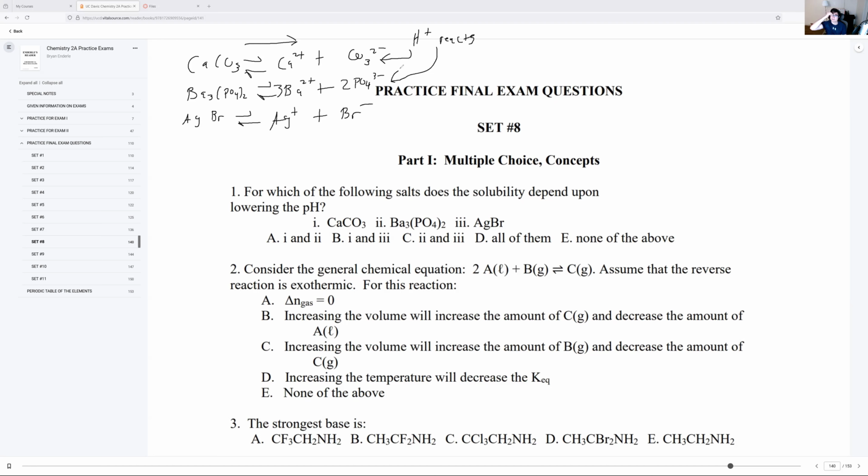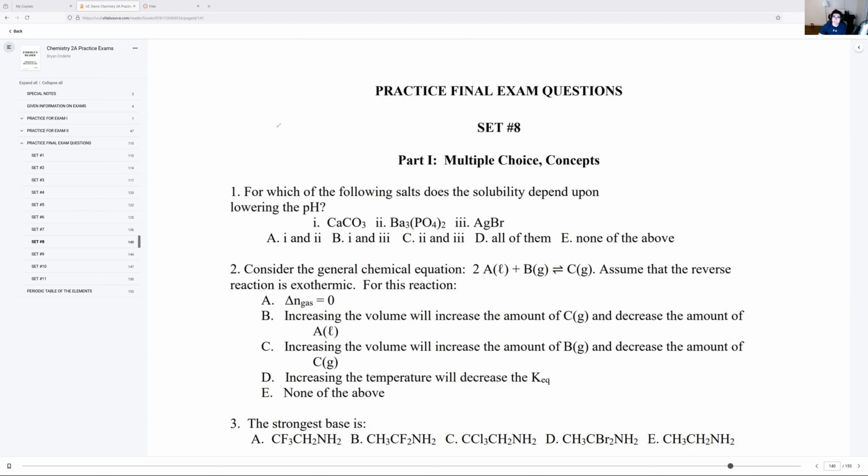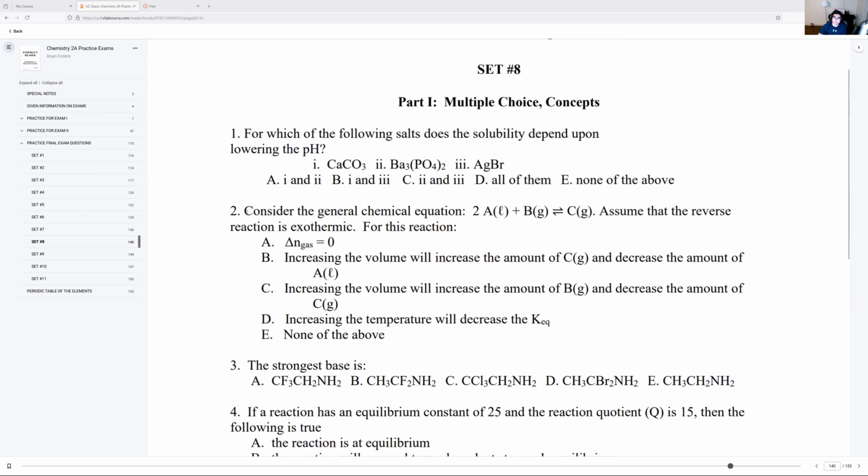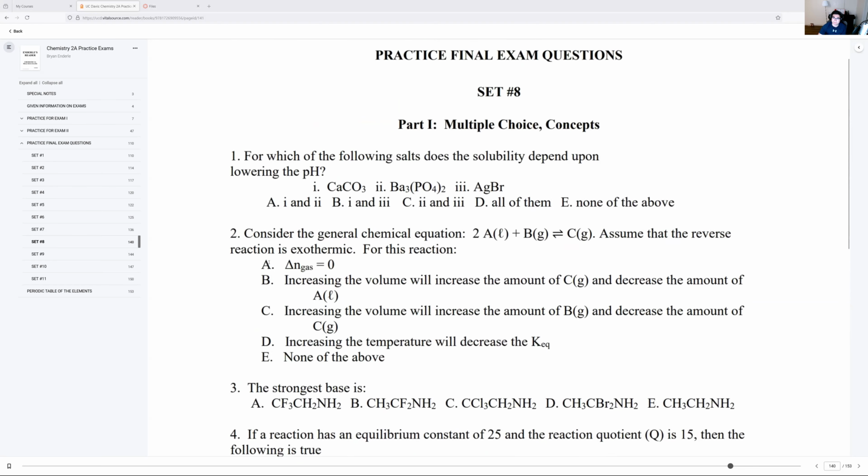So what about them? Flasks and procedures, just in case he asks. I would be familiar with it. I mean, they're not too bad.